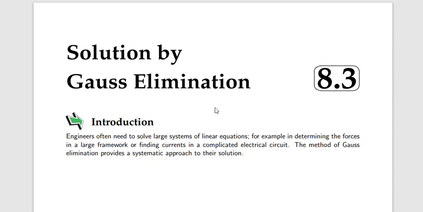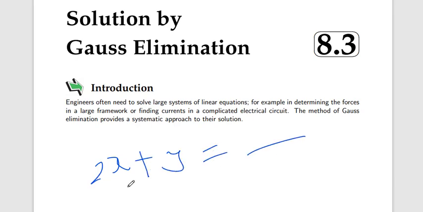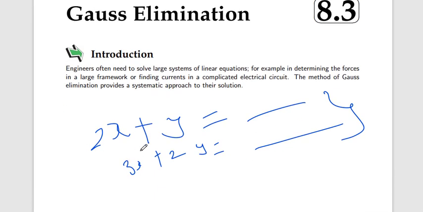What is the Gauss elimination method? You know about linear equations like 2x plus y is equal to something, and 3x plus 2y is equal to something, and we solve these two equations.